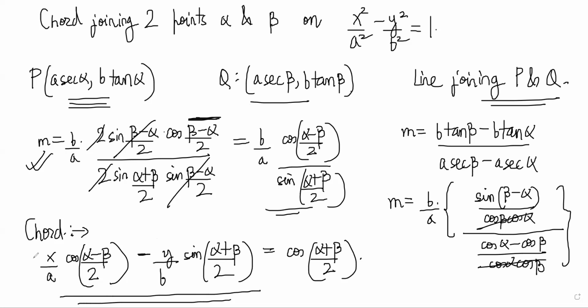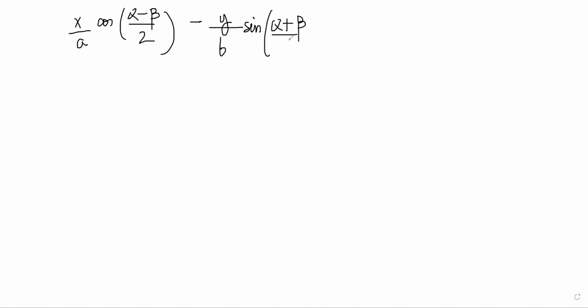Also, if this is a chord equation connecting two random points, we can also find the condition that this chord is a focal chord. So the chord equation is x by a cos of (alpha minus beta) by 2 minus y by b sin of (alpha plus beta) by 2 is equal to cos of (alpha plus beta) by 2.